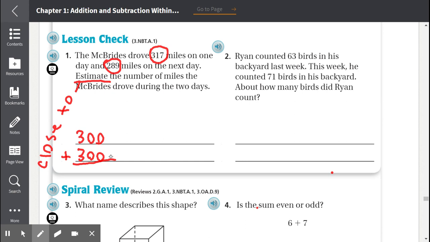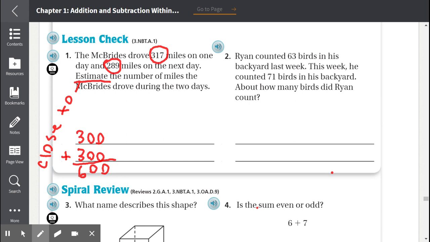Now we have to find the amount of miles they drove for the 2 days, which is why we're adding. So the first day we have the amount, the second day we have the amount. So now when we add these two numbers together, we get 0 plus 0 is 0, 0 plus 0 again is 0, 3 plus 3 is 6. So now we know about how many miles they drove the past 2 days.